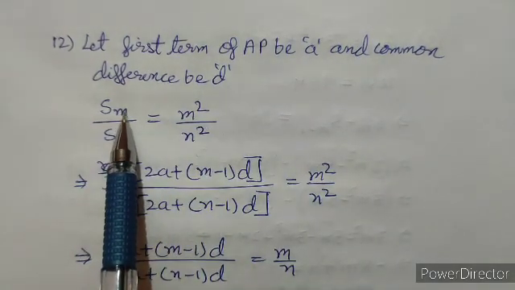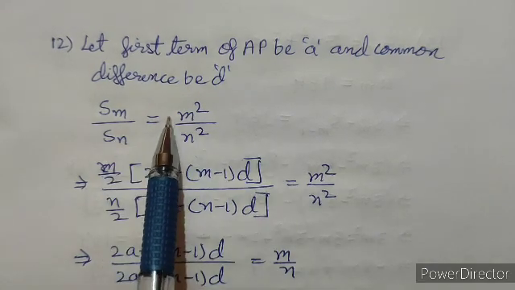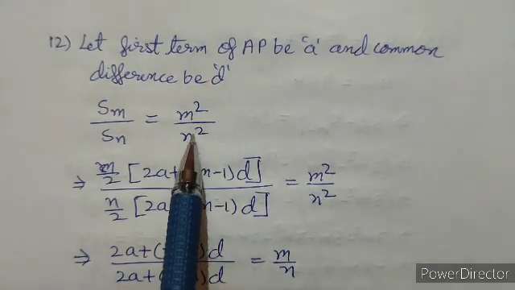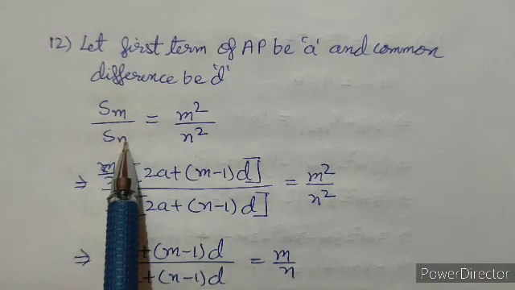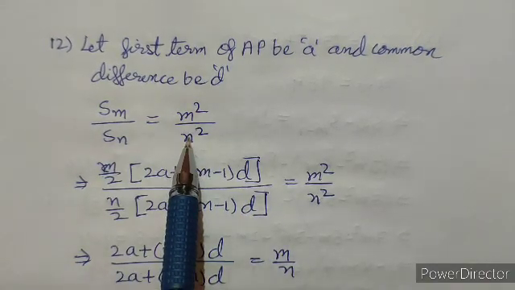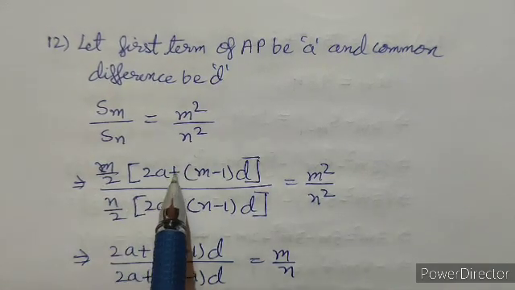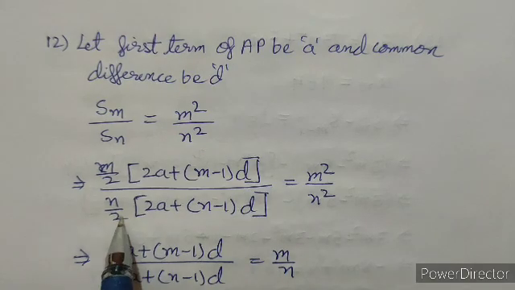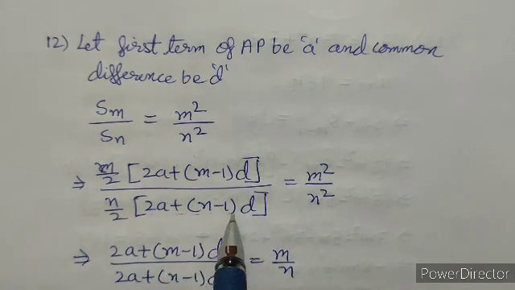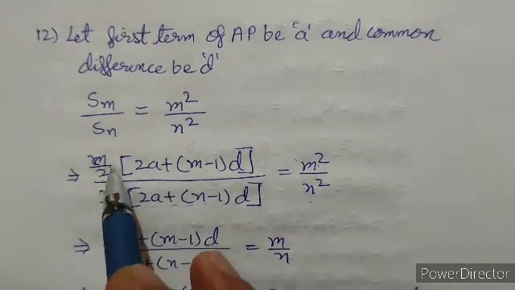Now sum of the m terms ratio sum of the n terms is equal to m square ratio n square, or we can say Sm upon Sn is equal to m square upon n square is given to us. That means m upon 2 into (2a plus (m minus 1)d) upon n upon 2 into (2a plus (n minus 1)d) will be equal to m square upon n square.